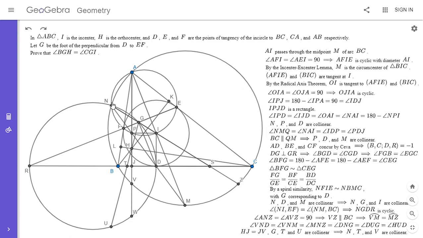So basically U and N are symmetric with respect to RD due to the fact that these angles are equal and the fact that HJ is equal to JV.